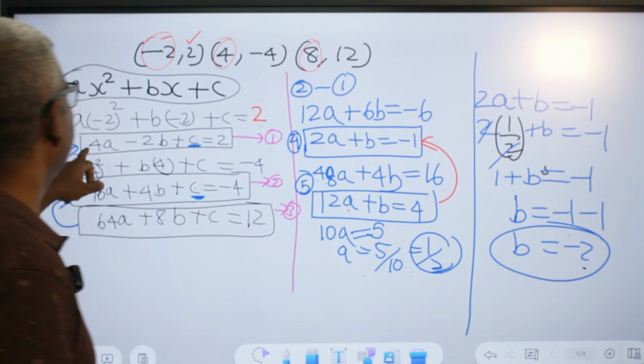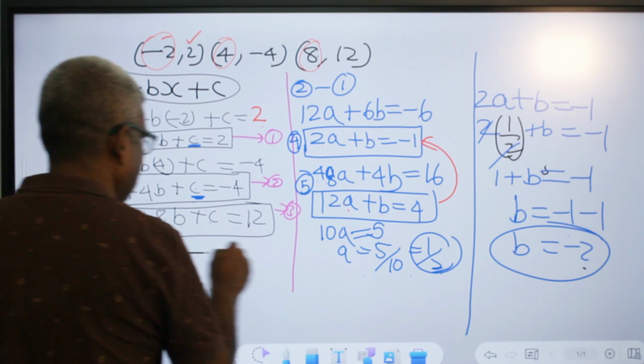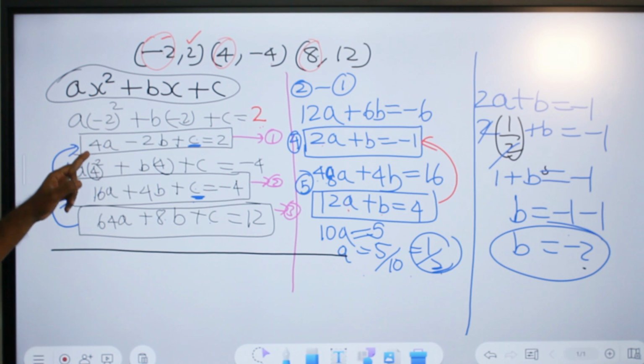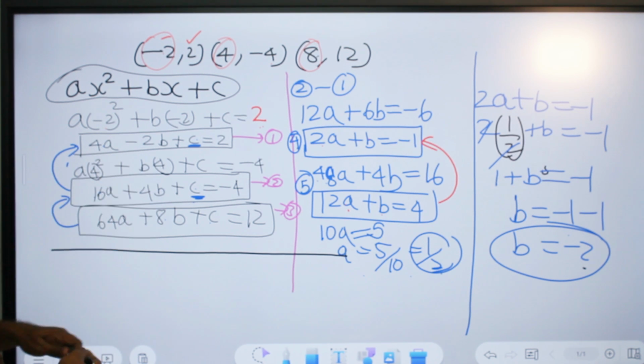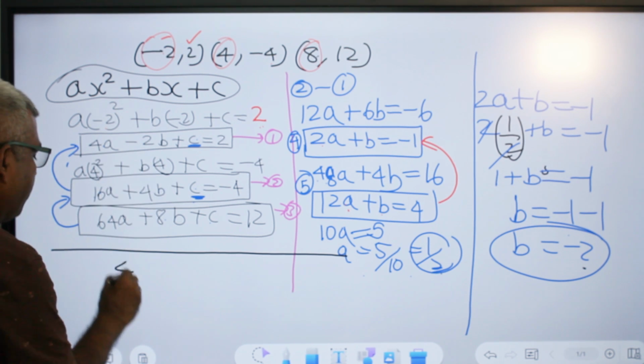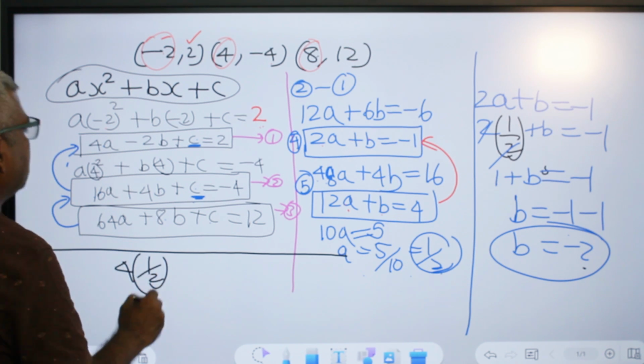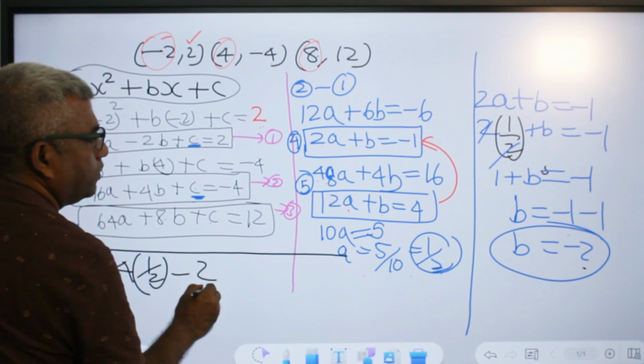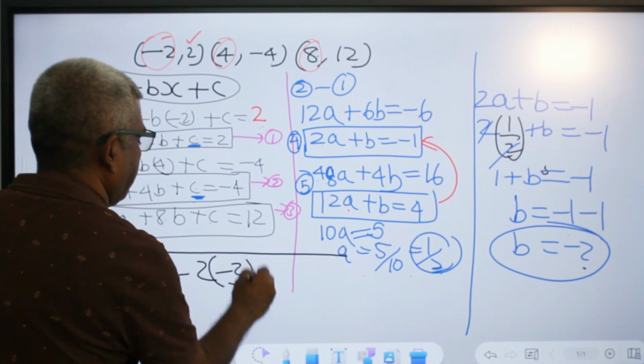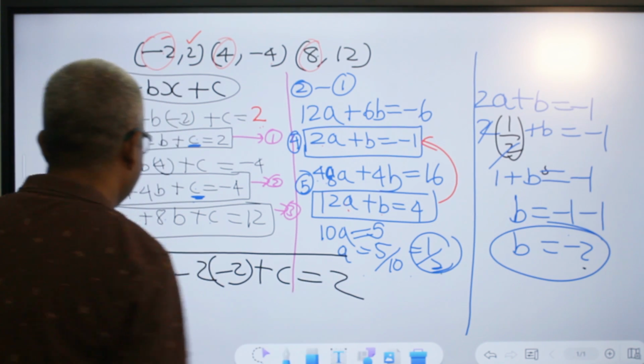Okay. Now substitute here in 4a minus 2b plus c is equal to 2. What is a? 4 times 1 by 2 is 2. b is minus 2, so minus 2 times minus 2 is 4, plus c is equal to 2.